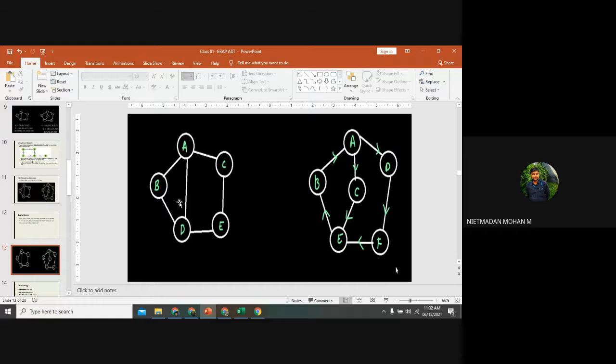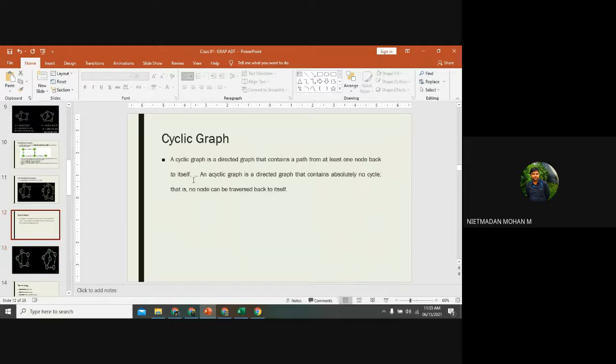Now coming to the right side of the image. Not possible. AC, two ways. EBA. ACEBA, AD, FECA, FEBA, BA. So if you have a traversal like this in your path, that is known as a cyclic graph.